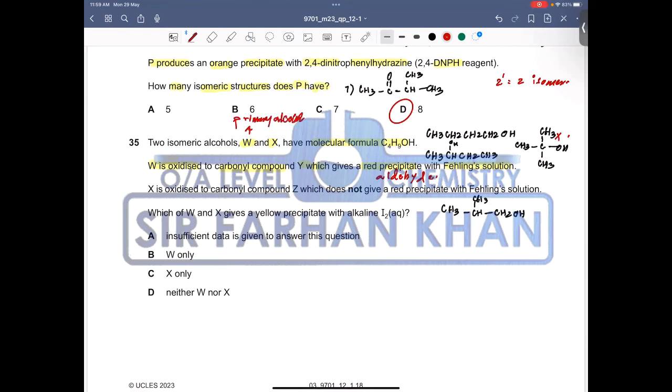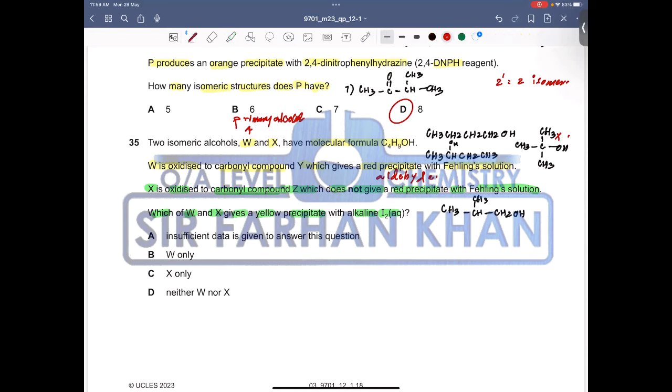Because W is a primary alcohol, when oxidized it will turn to an aldehyde, and an aldehyde gives a positive test for Fehling reagent. Next, X is oxidized to carbonyl compound Z, which does not give a red precipitate with Fehling solution. Which of W and X gives a yellow precipitate with alkaline aqueous iodine?